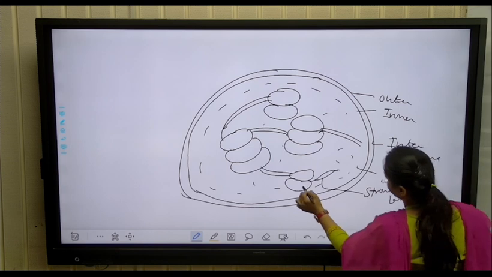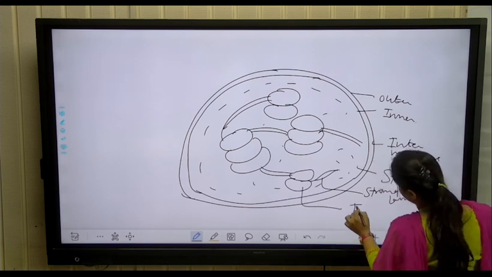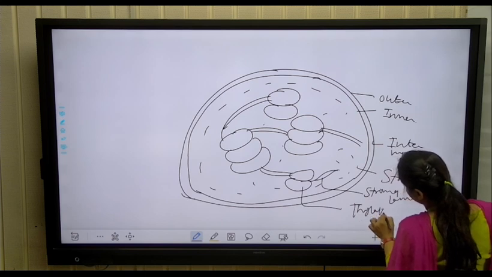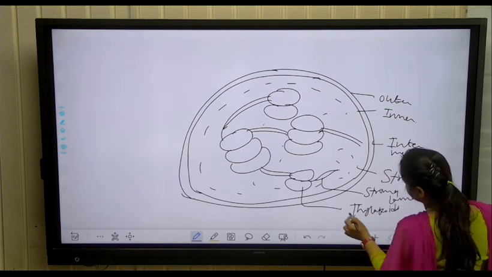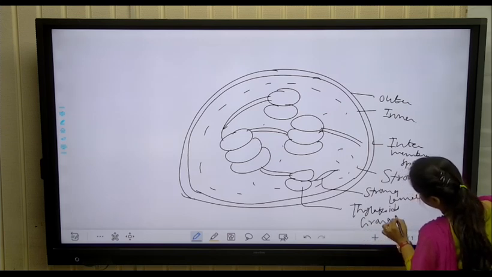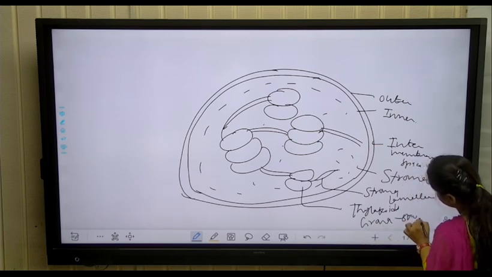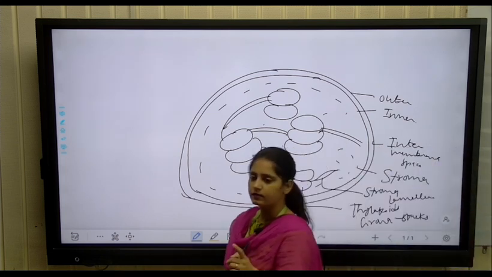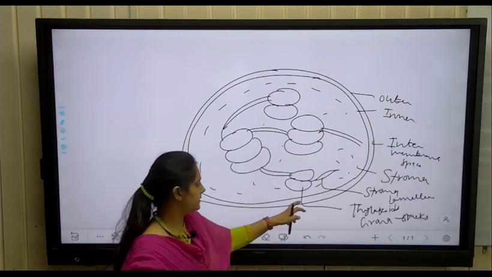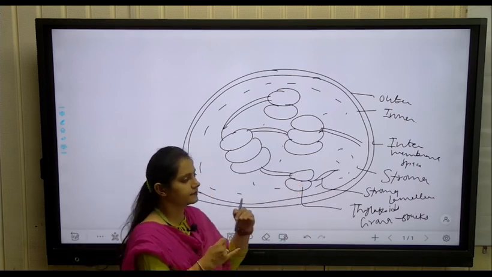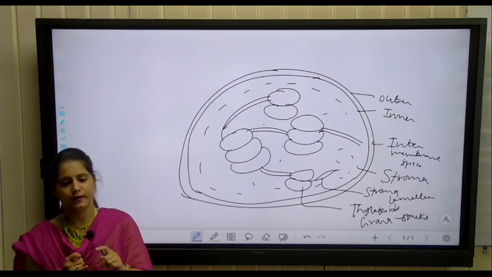And these stacks of thylakoids are known as grana. Grana means stacks of thylakoids, and when we take a single member from these, it is known as a thylakoid, and a stack of thylakoids is known as grana.